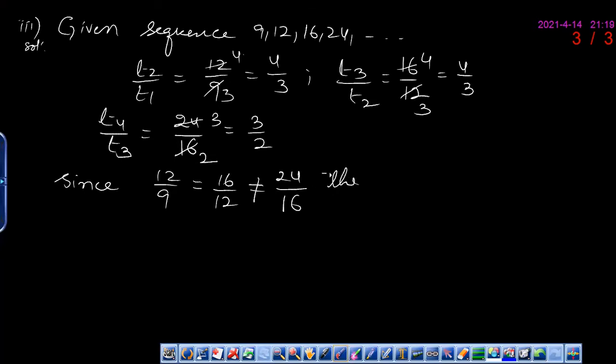So the given sequence is not a GP. So this is how you need to solve the problem.